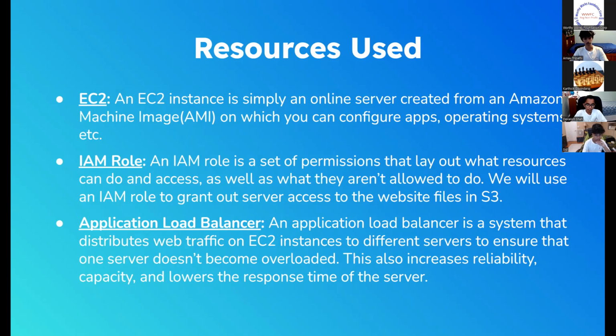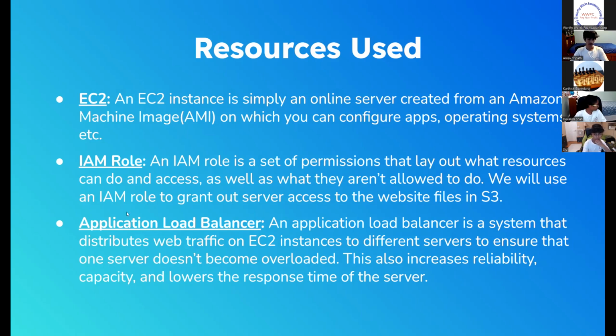In order for our website to be running, we need our server to be able to access the website files so that it can run. In an IAM role, we can grant permission to the server to access these files. So it lays out what resources can and can't do.